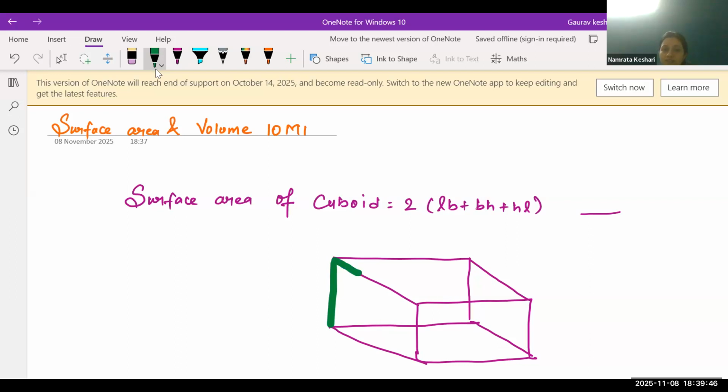So this surface area contains area of all the surfaces. This surface, area of that surface, which are exactly the same, identical with each other. Area of the bottom surface, area of the top surface, these two are exactly the same.